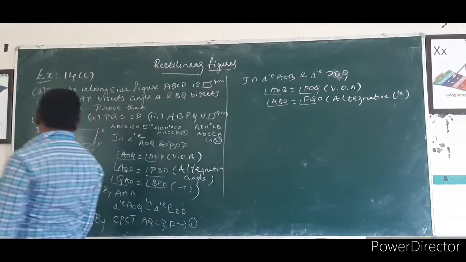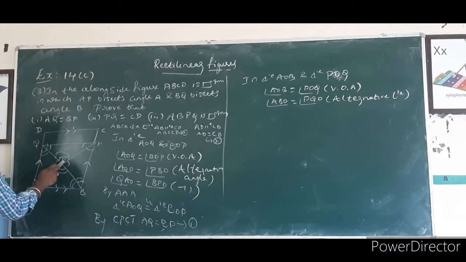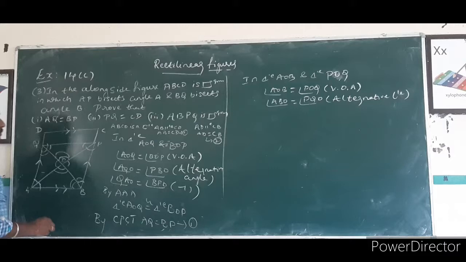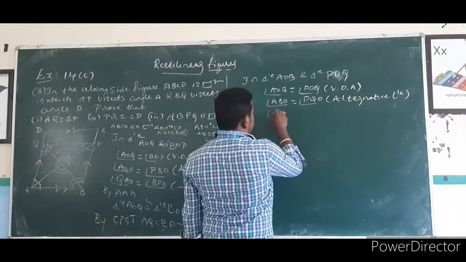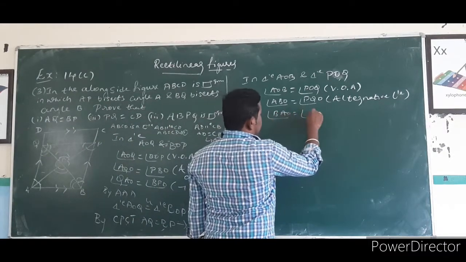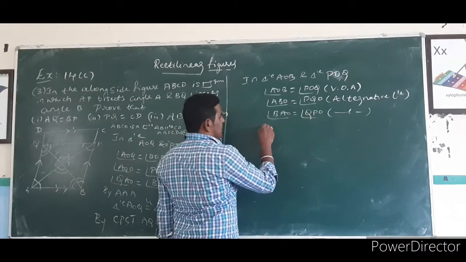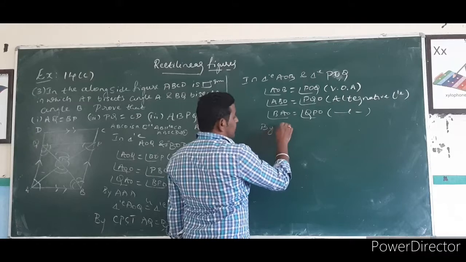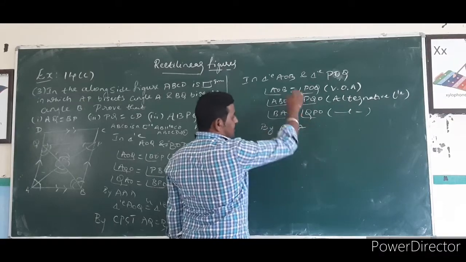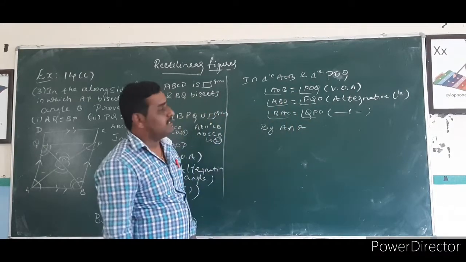Next, QPO and BAO. BAO is equal to QPO, one more type of alternate angles. By the AAA test, because we proved three angles in the two triangles.